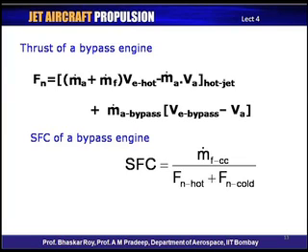And then of course you have the cold jet, which often is used in bypass engines, where you may have a cold bypass jet and cold bypass thrust, and this creates what is often known as cold thrust, and you get a certain amount of cold thrust that is associated with the thrust creation. And hence your SFC of course shows up in terms of the total fuel that is burnt and the thrust that is created from the hot jet, and the thrust that is created by the so called cold jet.